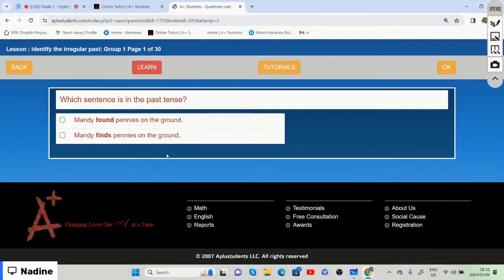Which one is the correct word? We need to select the past tense form. Is it found or finds?